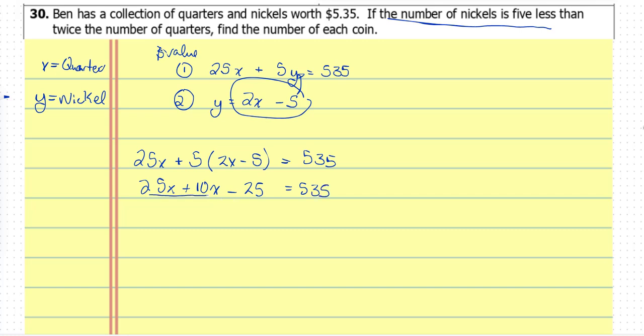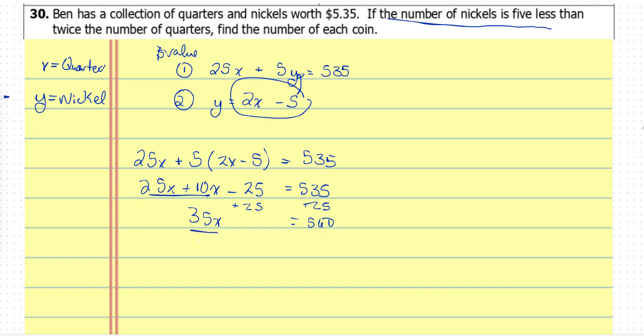So I'm going to combine my x's, and that gives me 35x. I'm going to move my 25 from the left to the right, which gives me 560.